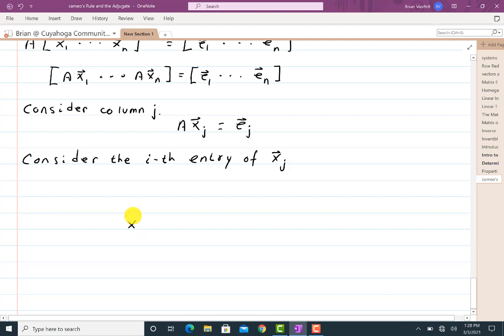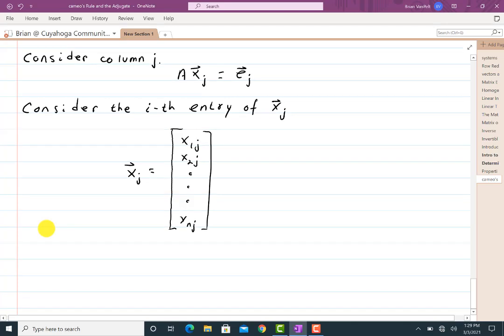So xj could look like the following: x1j, x2j, xnj. So there's my xj vector. And then, you know what I should have done is, let me put it in here. xij.